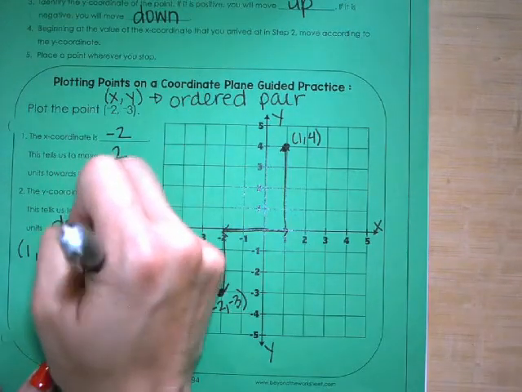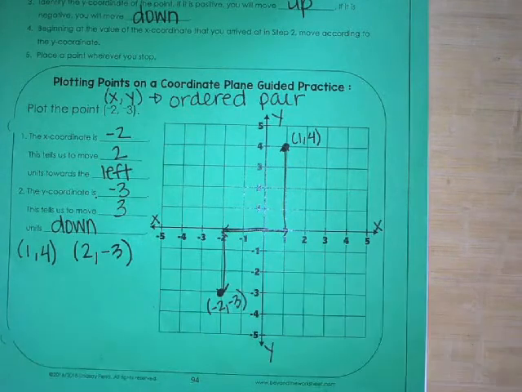Good. Do this one for me. 2, -3. Sorry, I was looking at something weird. 2, -3. Plot that point for me, please. Where do I start?